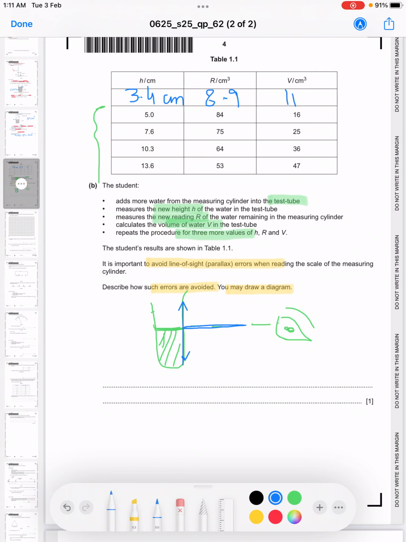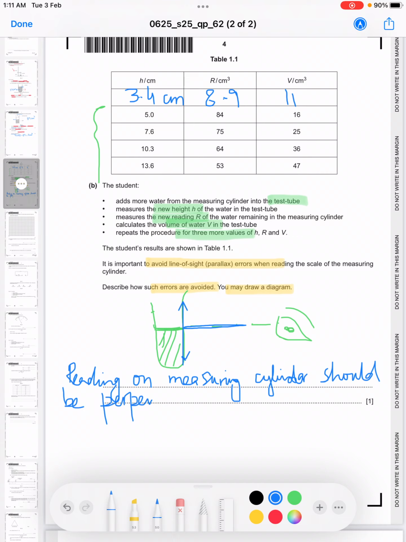Both of them should make an angle of 90 degrees. So: the reading on the measuring cylinder should be perpendicular to the eye.